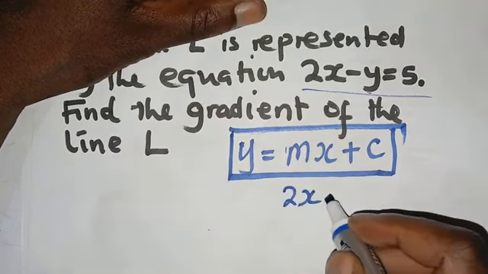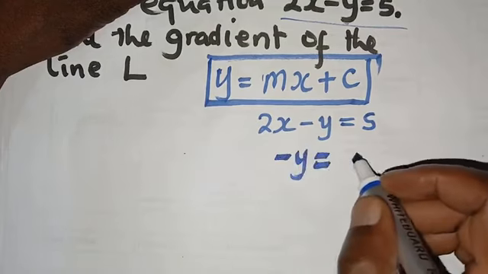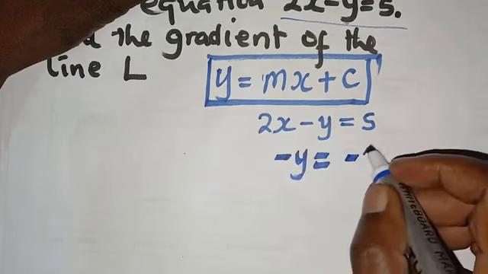Remember, I'm trying to push the equation until we get it in that form. So what do I do? The first step, I'm going to say minus y is equal to minus 2x plus 5.